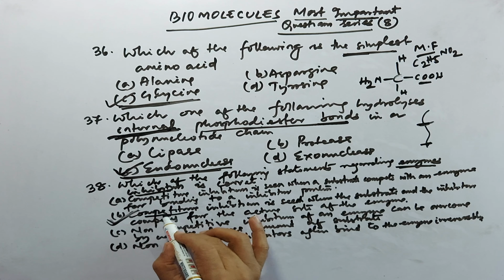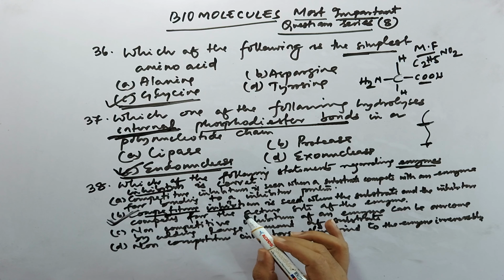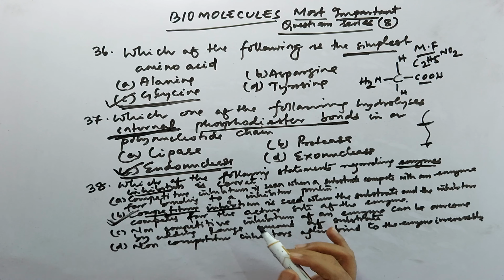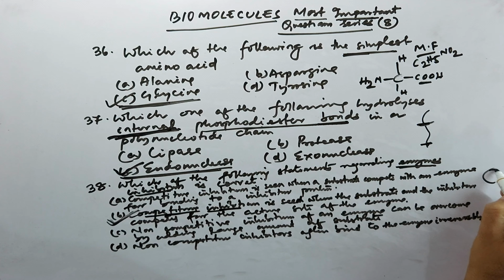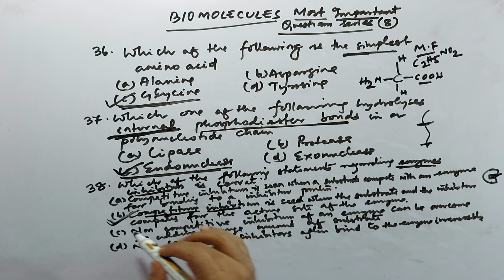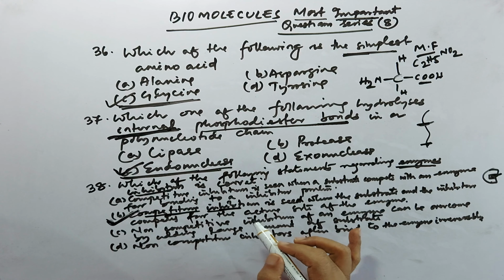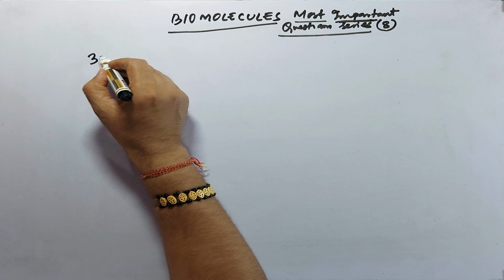We have already discussed that the substrate and the inhibitor have similar, though not equal, structures, so the enzyme gets confused and they compete for the active sites. The third and fourth options are wrong, and I have discussed all this in my enzyme video. The next question is 39.